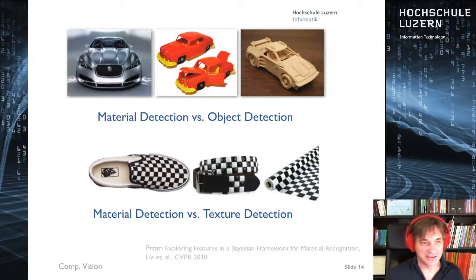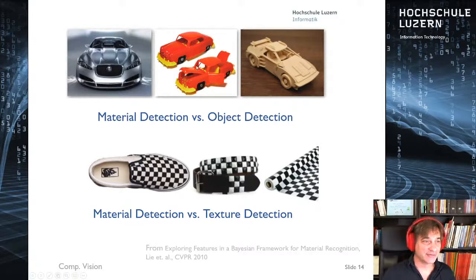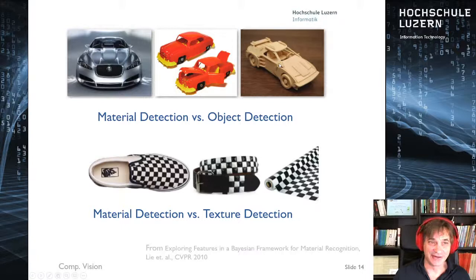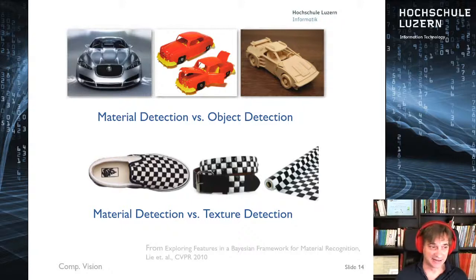In an object detection scenario, you would like to identify all of them as cars, but now we're concerned about material detection, and in material detection these would be different classes. So this is probably made of some kind of metal, a real car, and then you have some toy cars that are made of plastic, and you have some other car that is made of wood here. So that would actually be 3 different classes here.